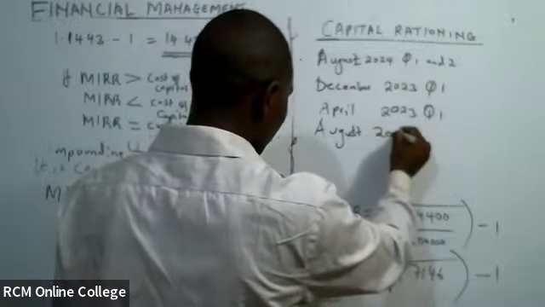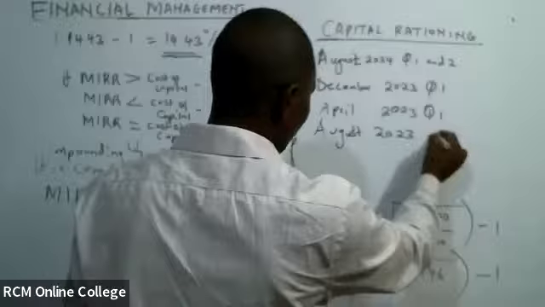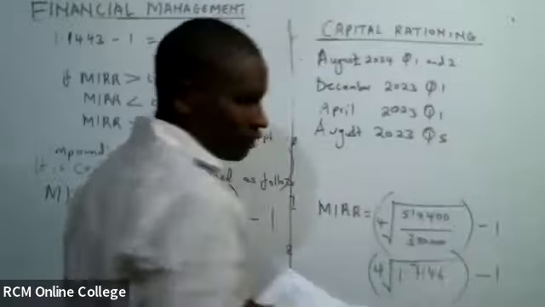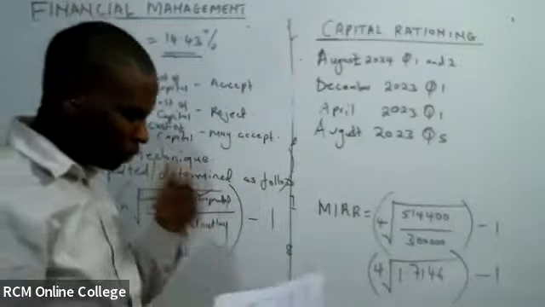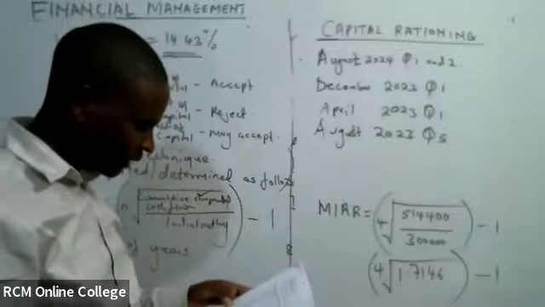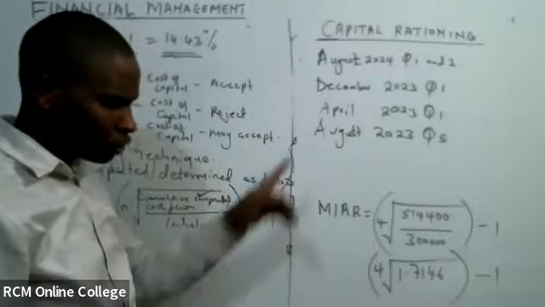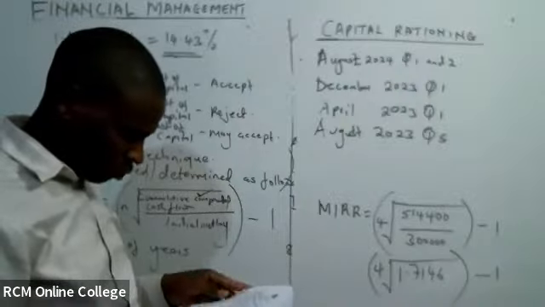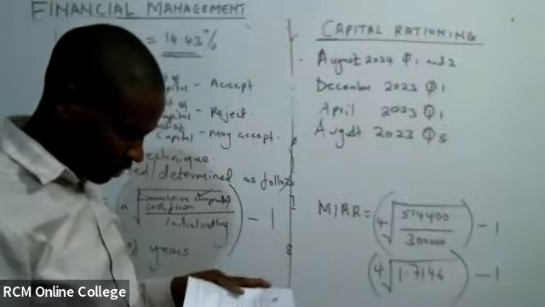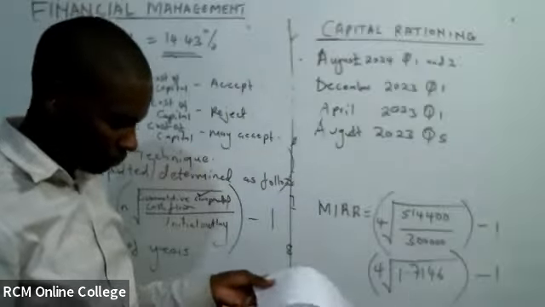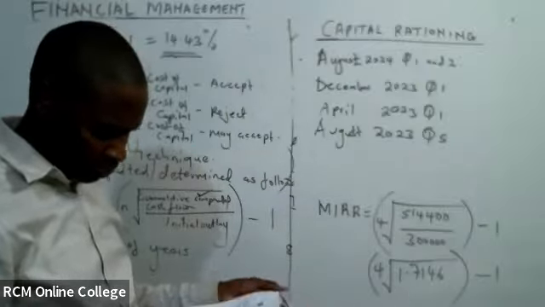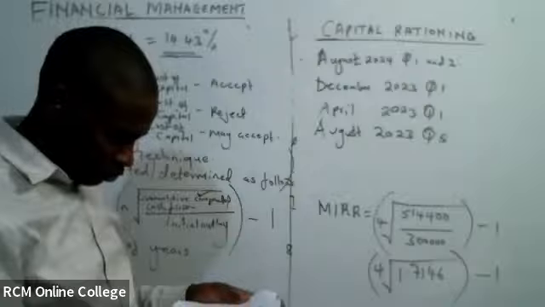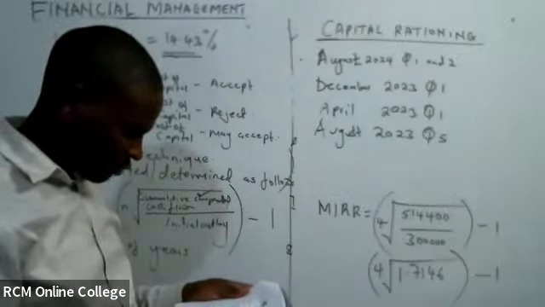August 2023, question number 5. Mwenye hajafanya tafadhali, make sure that you do. Wakati tutaanza hii revision, it will be easier for you now to start seeing where you went wrong.